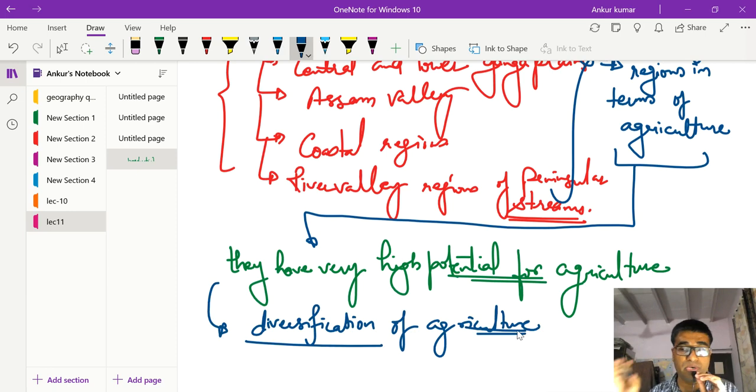So these regions need to be developed, properly supported by the government, with investment in infrastructure, whether it is mud infrastructure, transport infrastructure, or cold storage infrastructure.